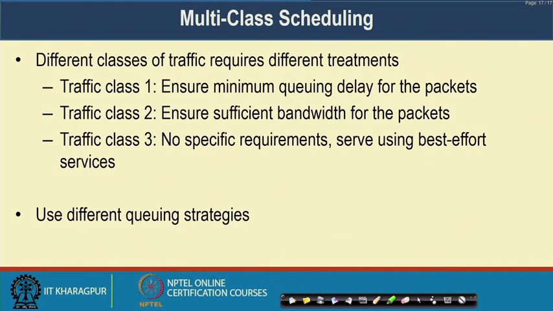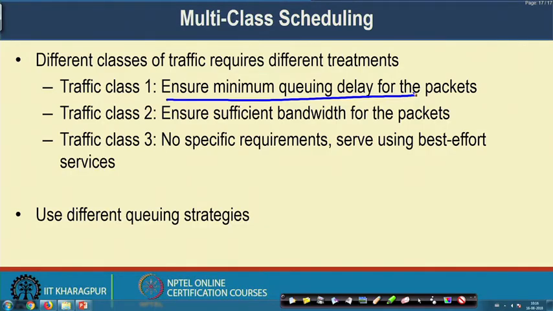Here is a possible solution in case of multi-class scheduling. Because traffic class 1 is high priority traffic, you ensure minimum queuing delay for the packets from that traffic class. As we have seen earlier, queuing delay is the dominant component of delay, and because of it we expect a significant loss in quality of service.